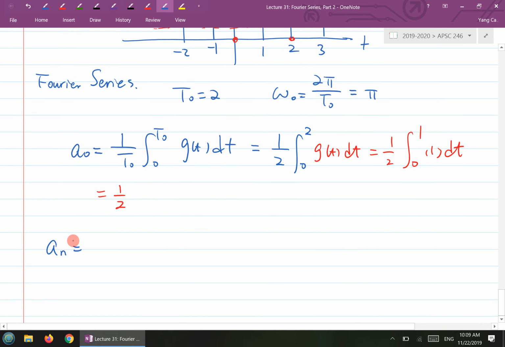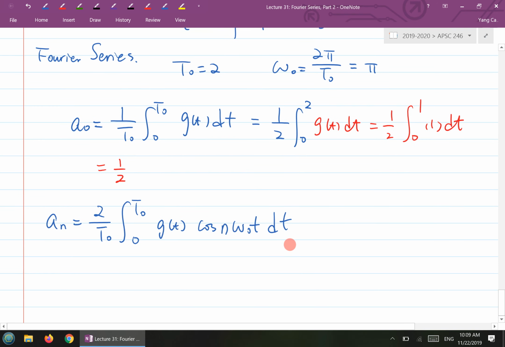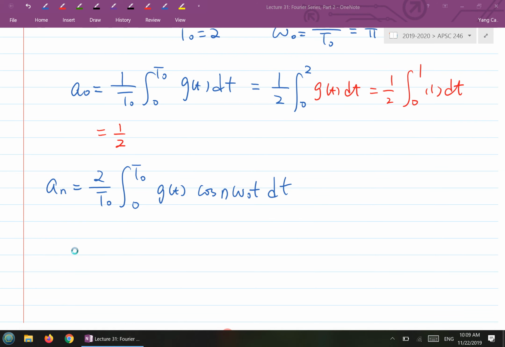Okay, let's take a look at an. an is 2 over T naught, integral from 0 to T naught, g of t cosine n omega naught t dt. That's an, the term associated with the cosine term. Replace the T naught with 2, and then g of t cosine n omega naught t.